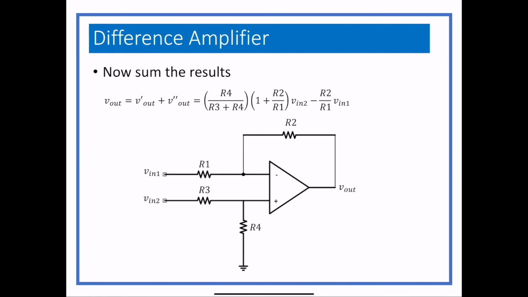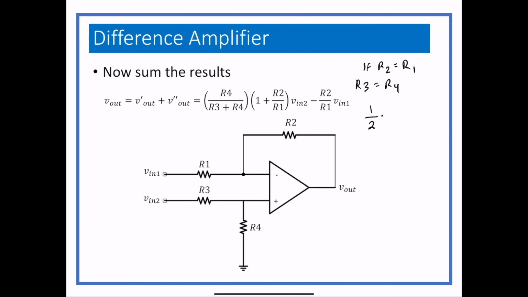If you set these resistor values to certain values, so basically if you create a situation in which R2 equals R1 and R3 equals R4, then if R3 equals R4, we get 1/2 for R4 over R3 plus R4, right?